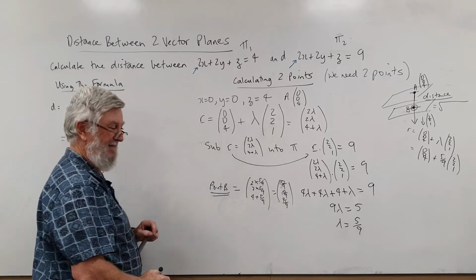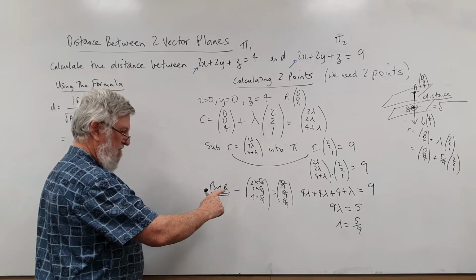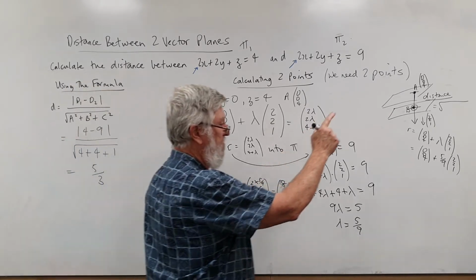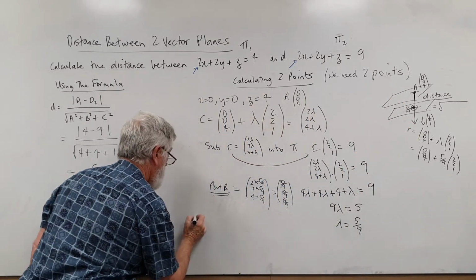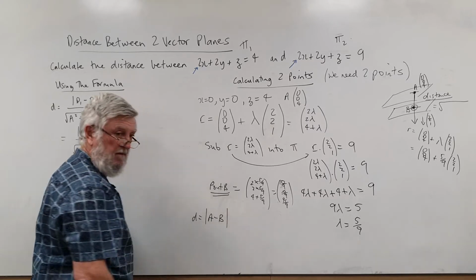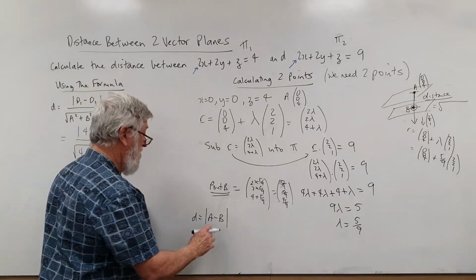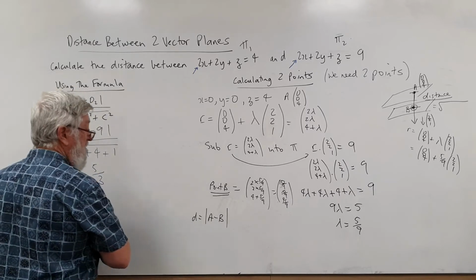You are. Now, here's the big question. We want the distance from point B to point A. So distance is point A minus point B. So you could write them as RA and RB. You can do all sorts of things if you wanted to be fussy.